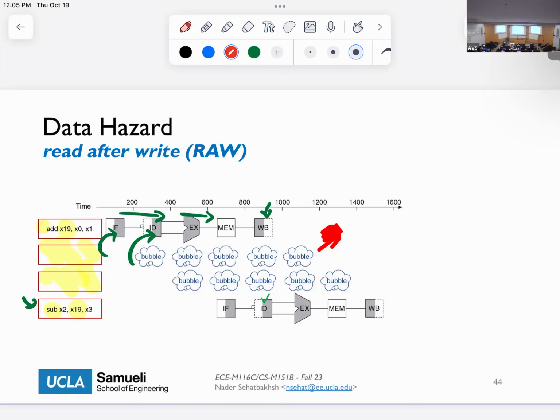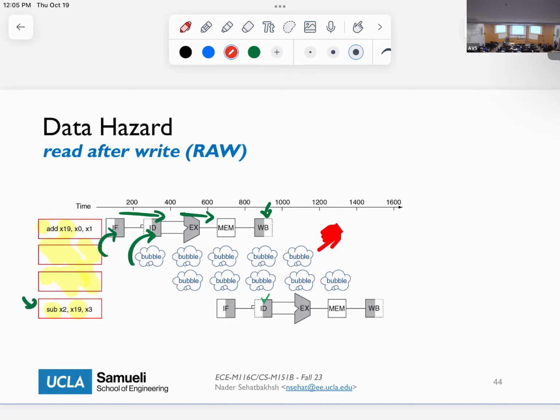And we started talking about, okay, how do we fix this? First of all, we saw that in our 5-stage pipeline, there's only 2 cycles that we need to be worried about. I briefly talked about other designs, and we said that necessarily 2 is not always the answer. But for our design in this course, it's always 2, okay? So what should we do? I said that the easiest thing that we can do is stalling the processor.